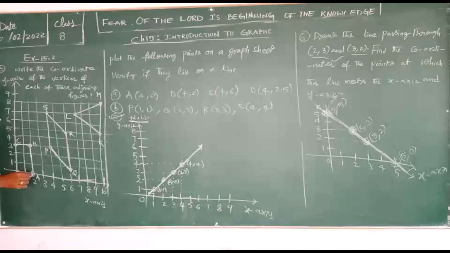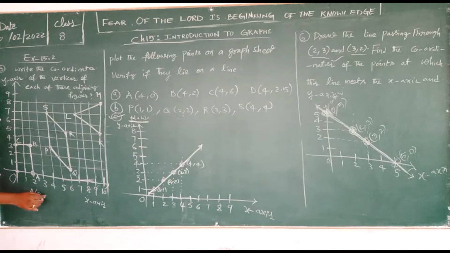First one. A means what? Can anyone tell? Here x is 2, y is 0. So 2 comma 0. Similarly, can anyone tell for B? Let me rub this part and write the numbers here.